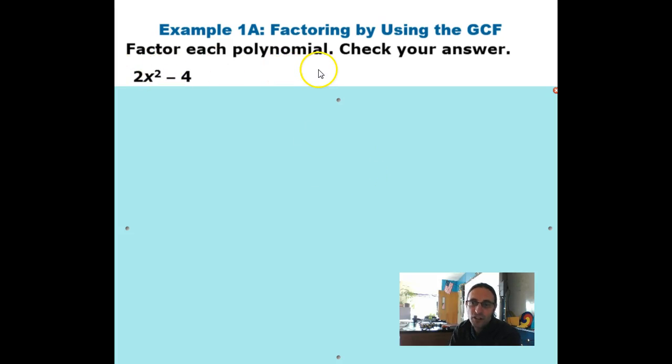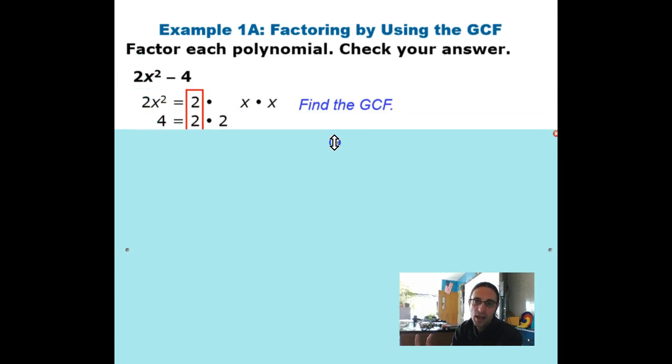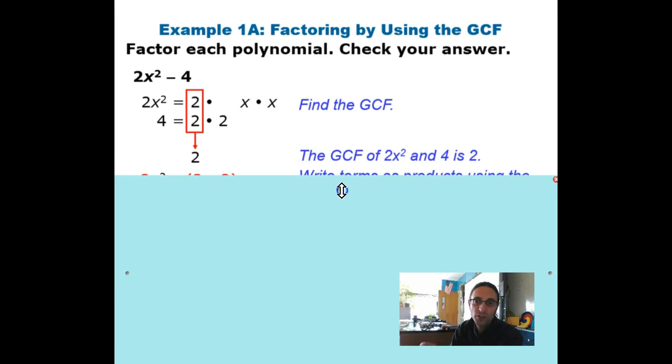All right, factor each polynomial, check your answer. What they want you to do here is, what do 2x squared and 4 have in common? Well, they both have a 2 in common, right? And this is what it's going on to say: the greatest common factor of both of these terms is a 2, which means that I can remove a 2 from both terms.